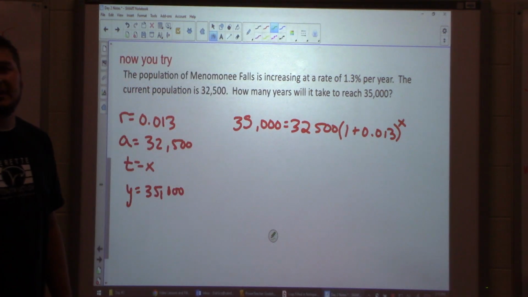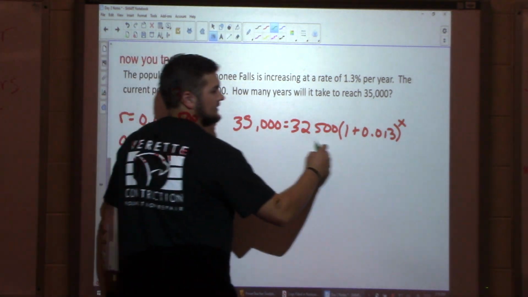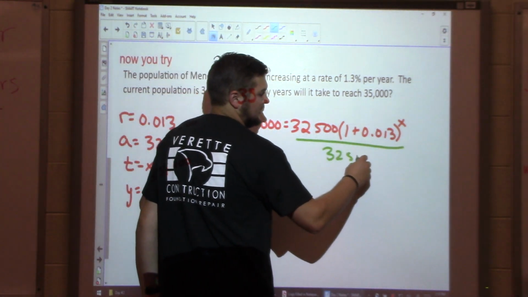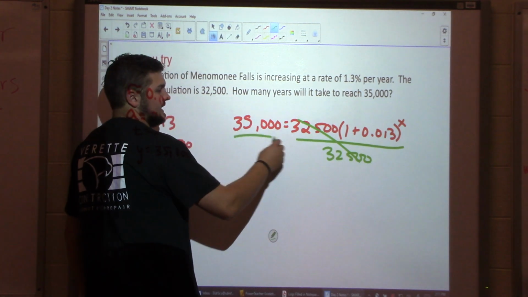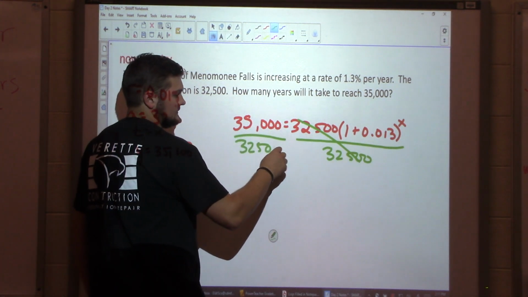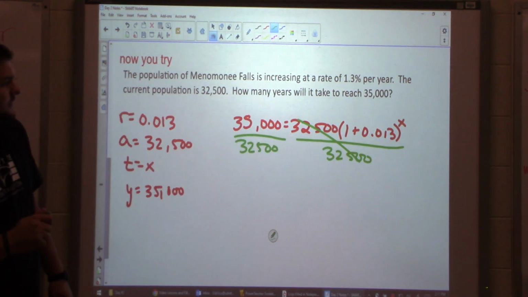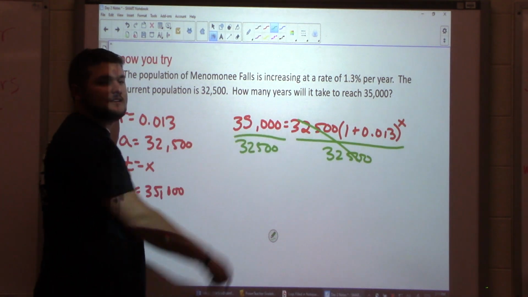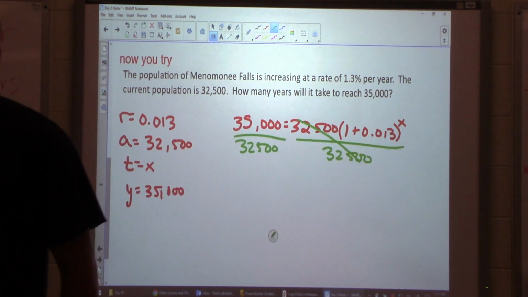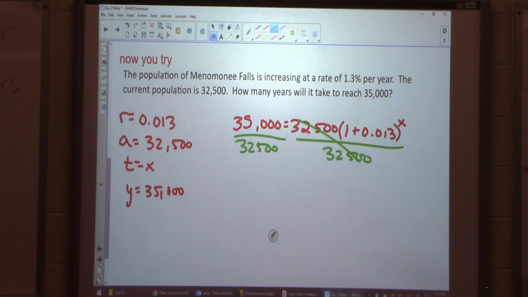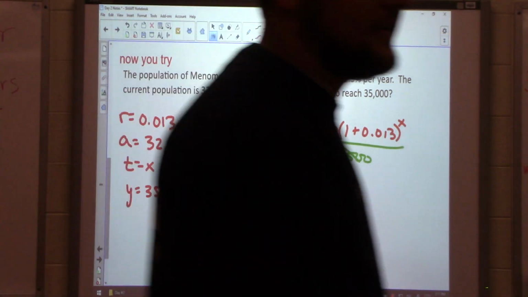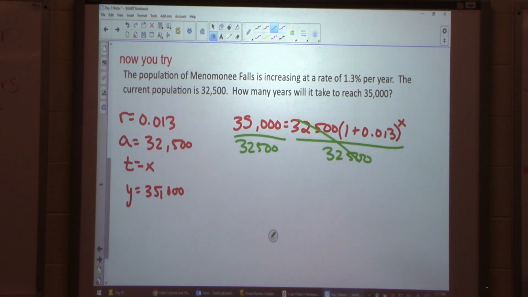Next thing we do, get that exponential expression by itself. Divide by 32,500 on both sides. Everybody put 35,000 divided by 32,500 in your calculator right now. You get a really ugly decimal, right?